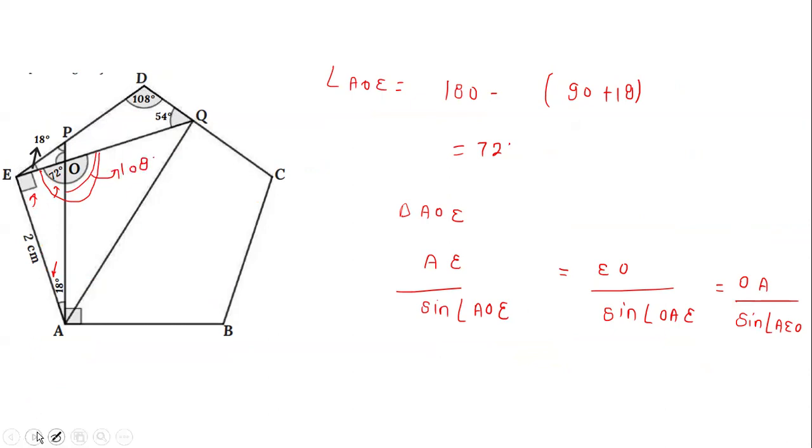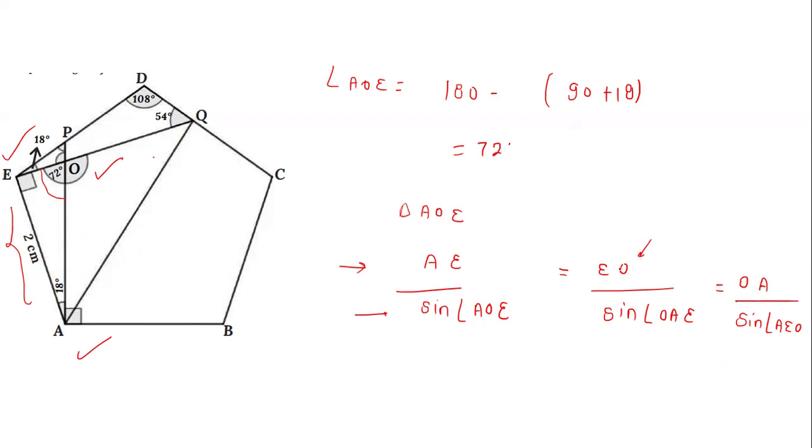And now if you look at the triangle AOE, you can apply the sine rule: AE divided by the sine of angle AOE, which is this angle, 72.